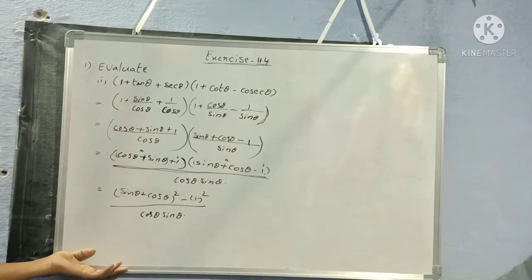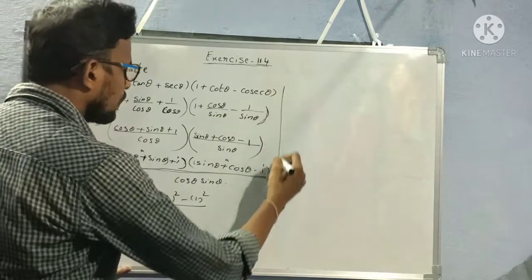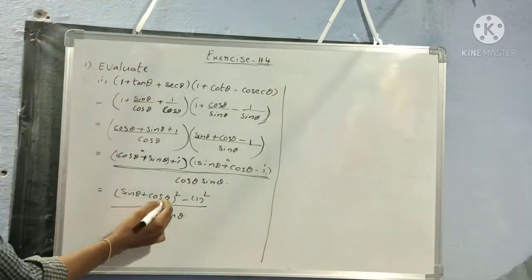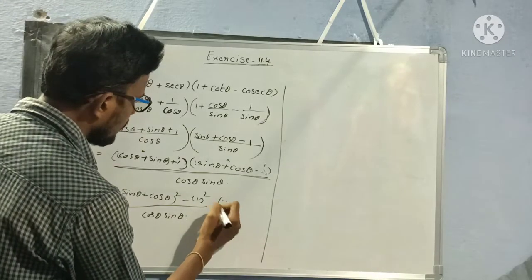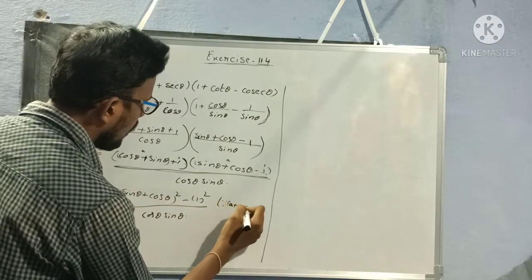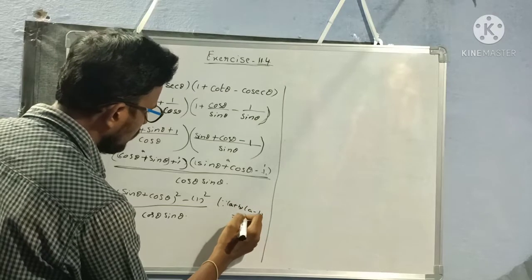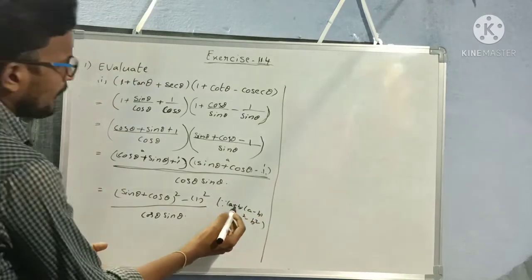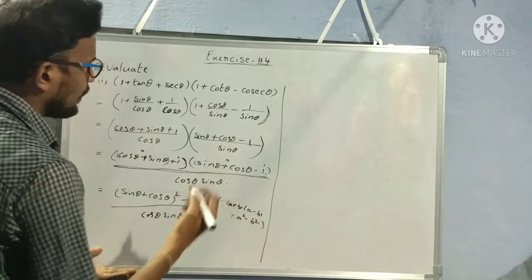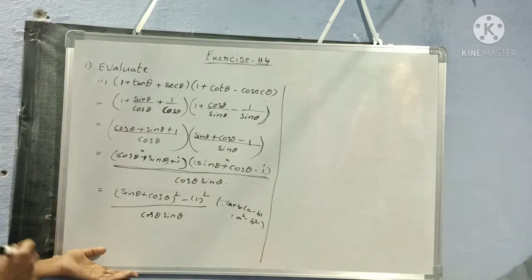The formula I am using is A plus B of A minus B equals A square minus B square.